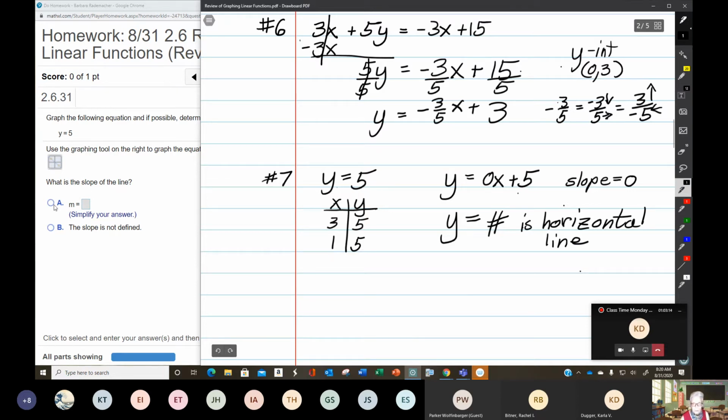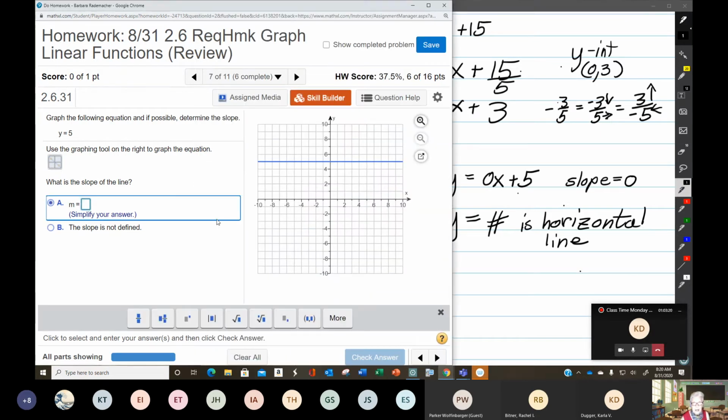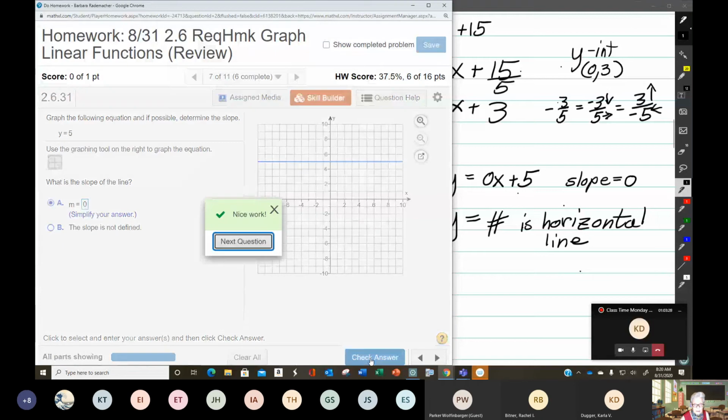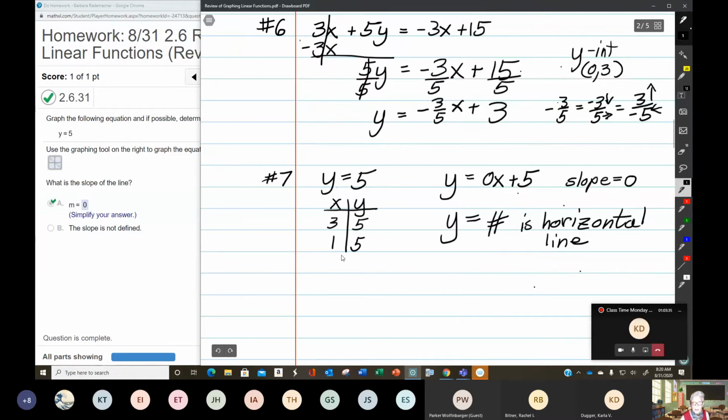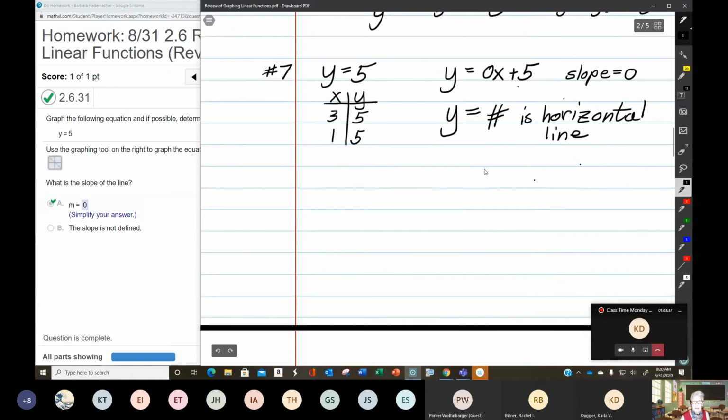Now, what is the slope? Well, it's 0. And I'll show you a way to find that out so you don't have to memorize it. I'm going to show you how to use your 2 points to get a 0 slope.